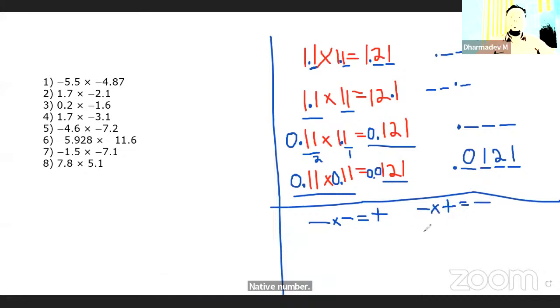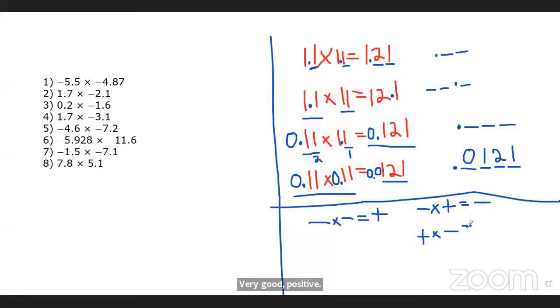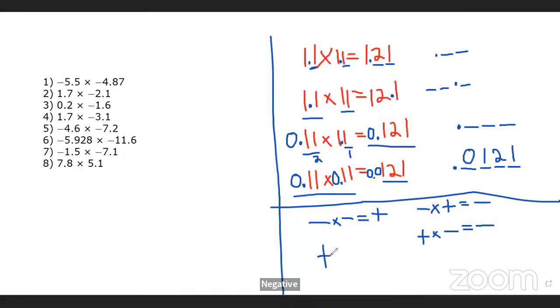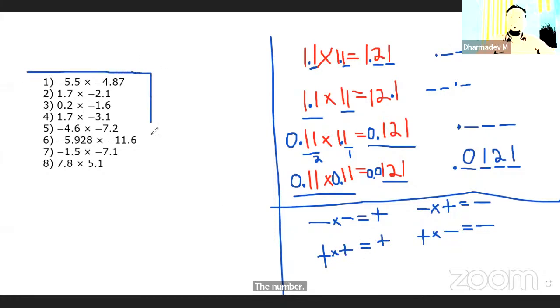Very good. A positive number multiplied by a negative number will be a negative number. Good. Next, a positive number multiplied by a positive number would be a positive number.